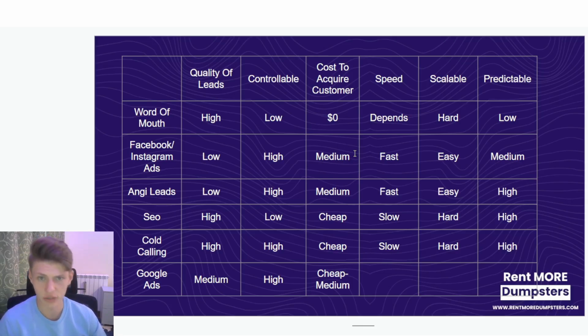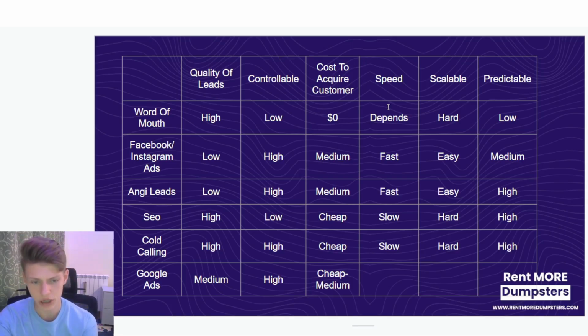If you're good, it's going to be a cheap one, and if you don't know what you're doing in Google Ads, it's going to be a medium cost to acquire a customer. I would say the leads are pretty good, so the close rate there should be good.